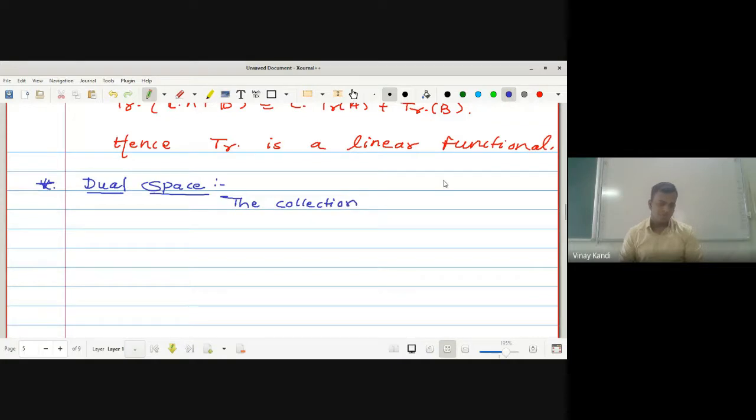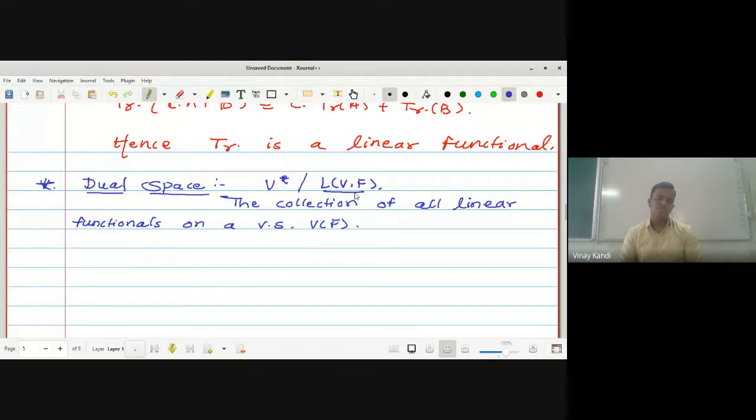The collection of all linear functionals on a vector space V over F. Okay, it's nothing but the dual space, and it is denoted by V star or L(V,F).